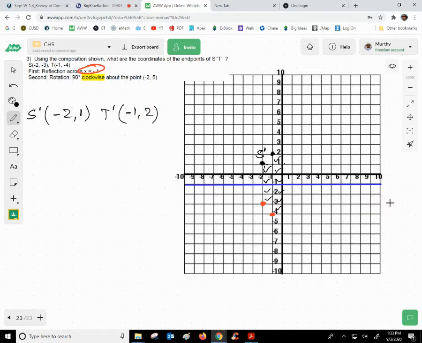Now, is there any relation? Please observe carefully. Tomorrow, I don't want you to kill your time. The given point S is (-2, 3), and T is (-1, -4). Do you see any relation?